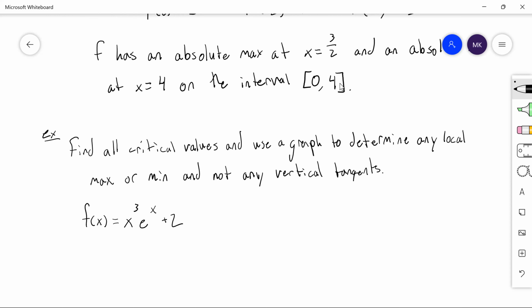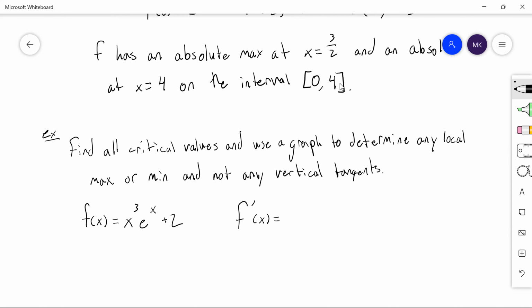So what's the first thing we need to do? Take its derivative. So f prime of x equals, now if we look at this, it's a little more complicated, but it's actually really simple. Because that plus 2, the only thing that does is it just shifts our graph up, right? It doesn't affect the rate of change at all.